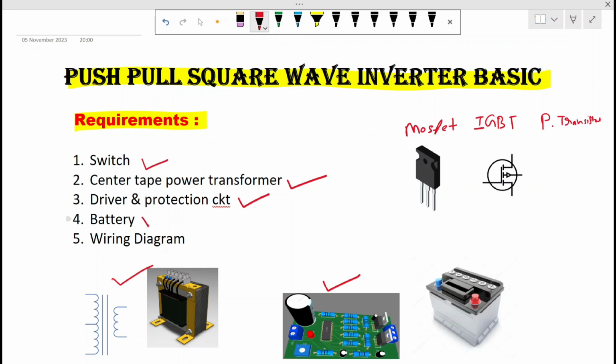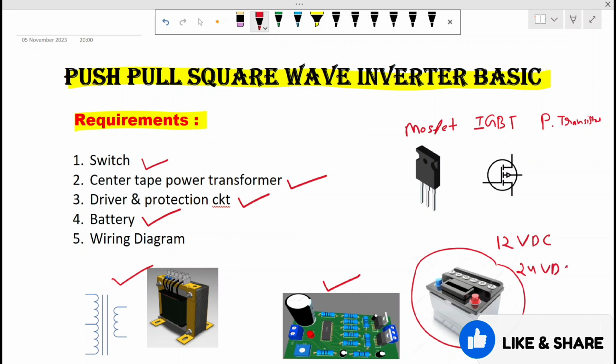Then we require a battery, so here I have shown the battery. A similar battery is required to make an inverter. This battery can be a 12 volt battery, 24 volt battery, or 48 volt battery inverter by putting this type of same battery in series parallel combination.